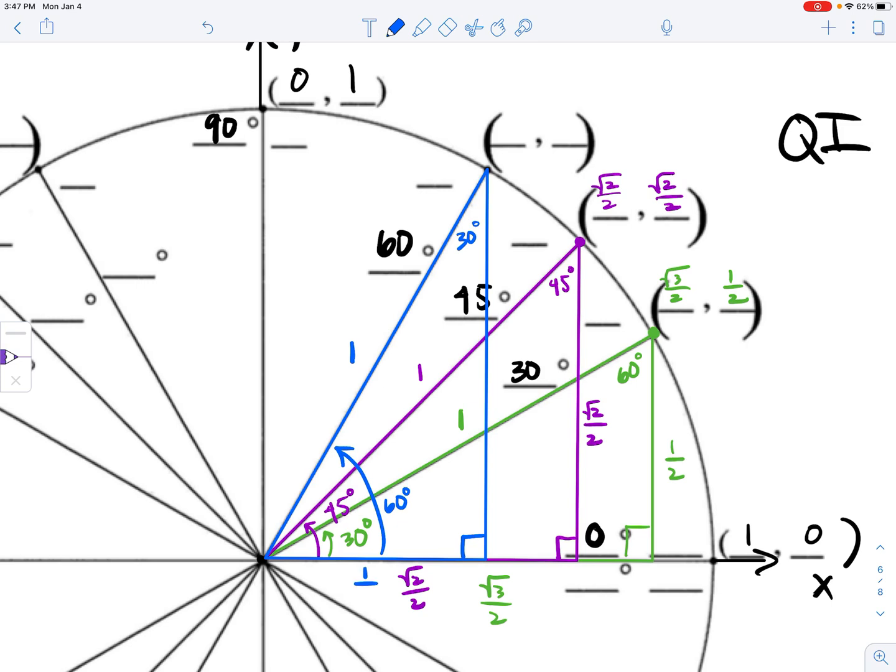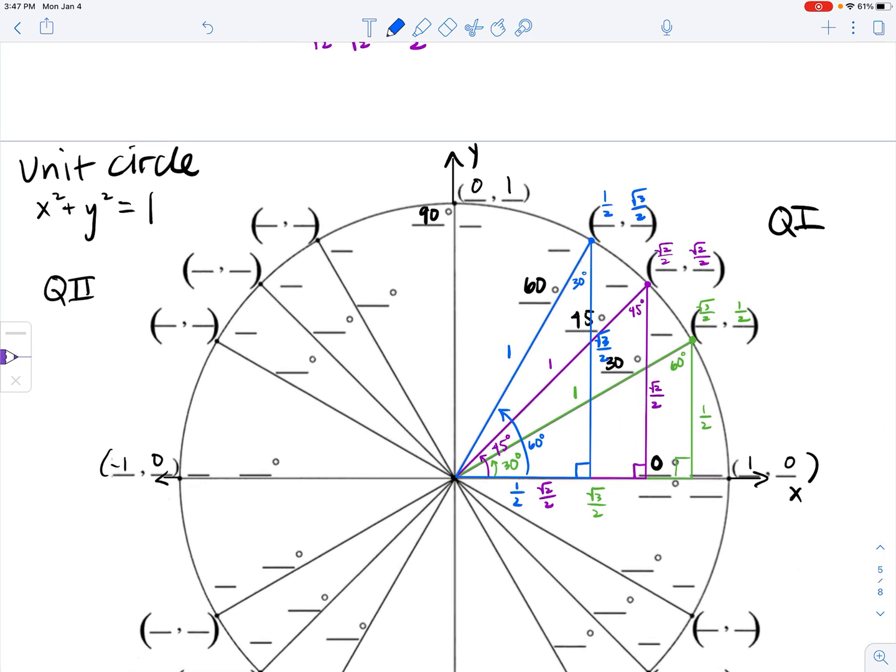Hypotenuse is 1, so we would just be switching the legs, right? So this side would be 1/2, this side would be root 3 over 2. So this point would be (1/2, root 3 over 2). And then we can just use symmetry to help us fill in the other points around the unit circle.